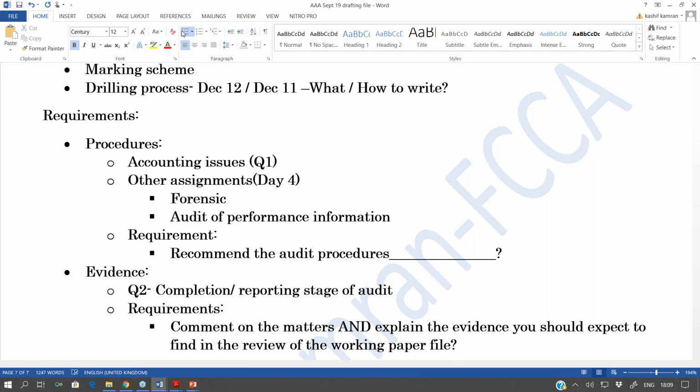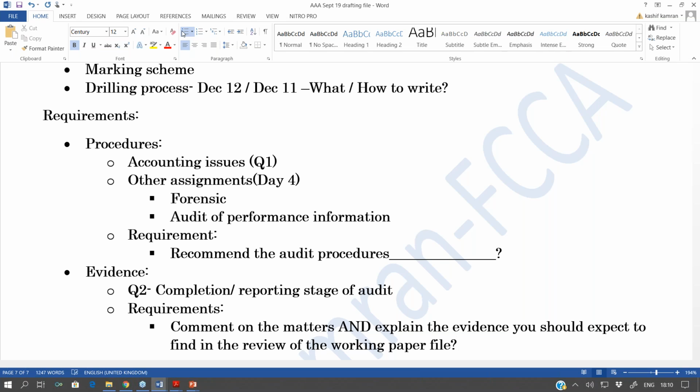Now, this is a completion stage question, right? Examiner says evidence you should expect to find in the review of the working paper. Now, you are a manager and you are reviewing the working paper, and all of you know that the working papers are reviewed at the completion stage. So when you are reviewing the working papers at the completion stage, being a manager, what evidence should you expect to find in the review of the working paper?